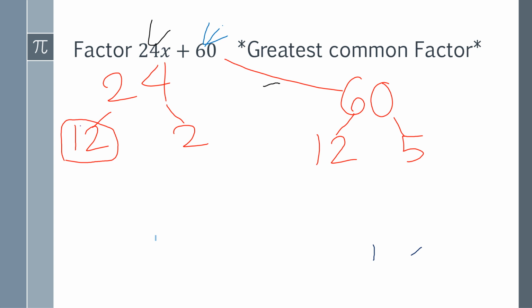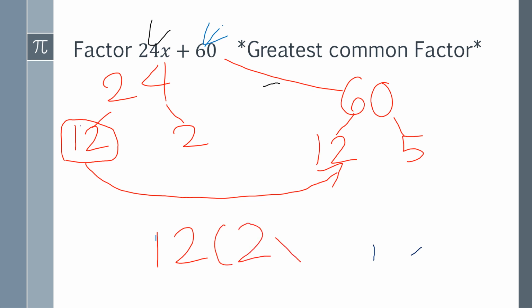Because again, when I divide 24 by 2, I get 12. And then I want to see, can I get that same 12 when I divide 60 by 5? And the answer was yes. So I get 12 times 2x plus 5. And that's just another way of doing it.